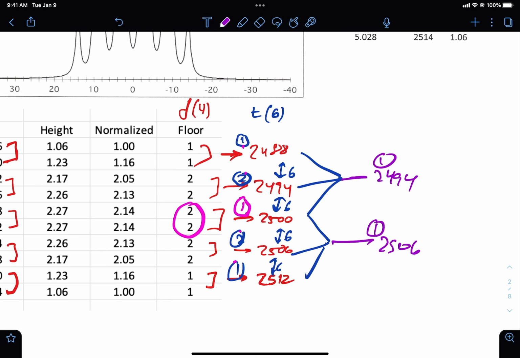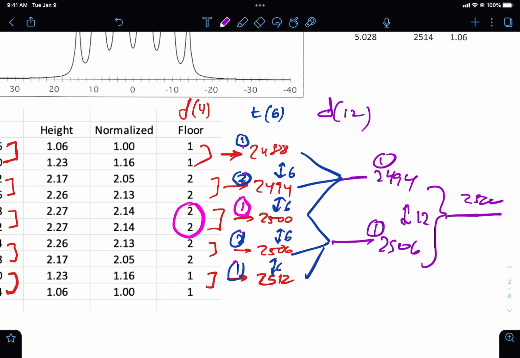And what's their separation? Their separation is 12. So the midpoint here is 2500. But we've got a doublet of 12.